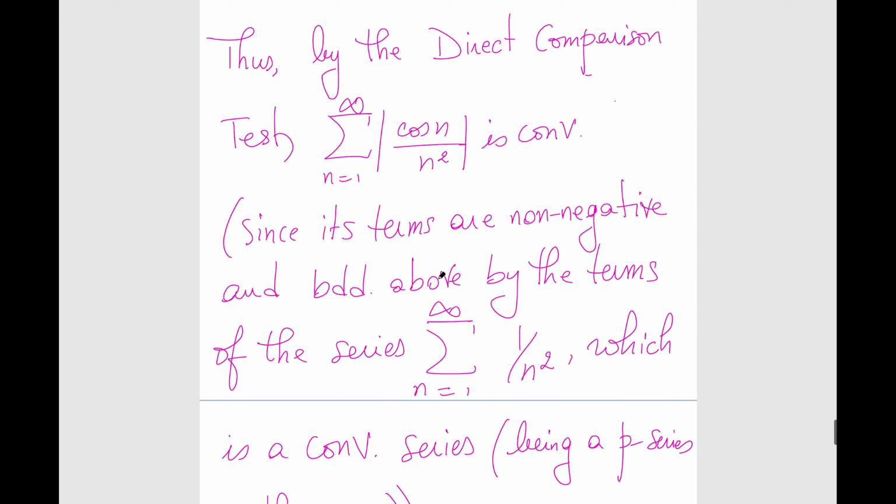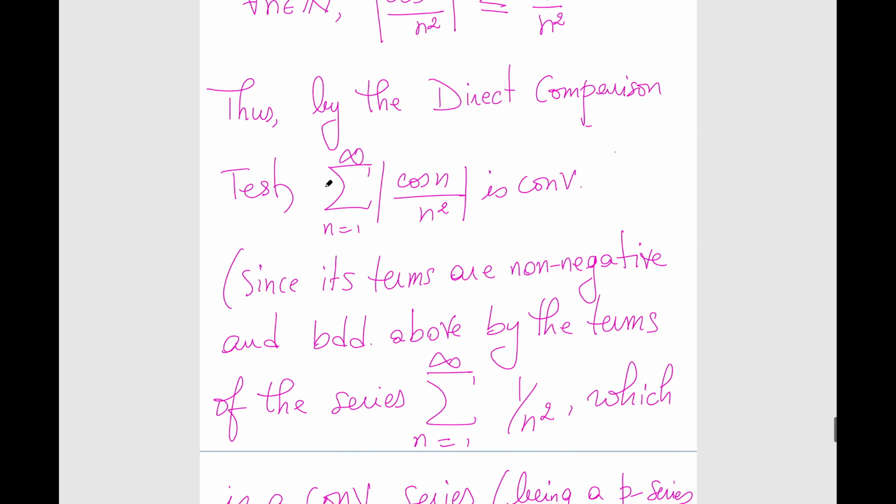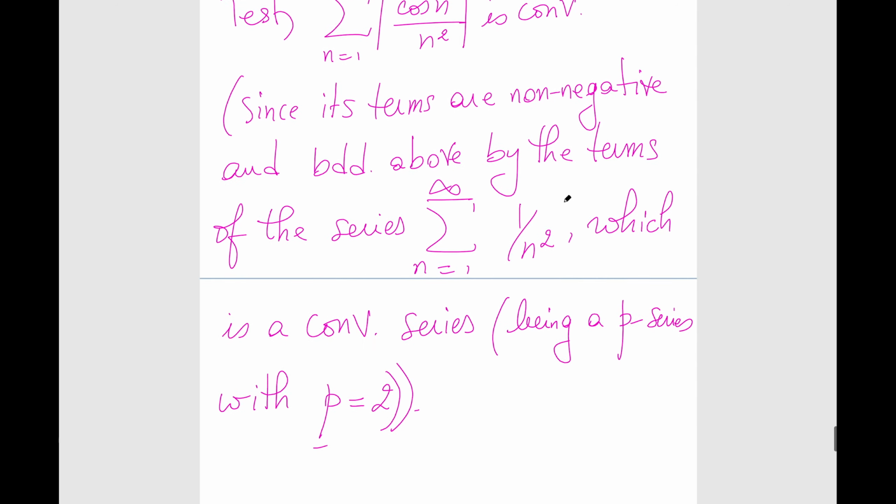So we get that this guy is convergent. And what does it mean that this guy is convergent? It means that the series without the absolute value is absolutely convergent.